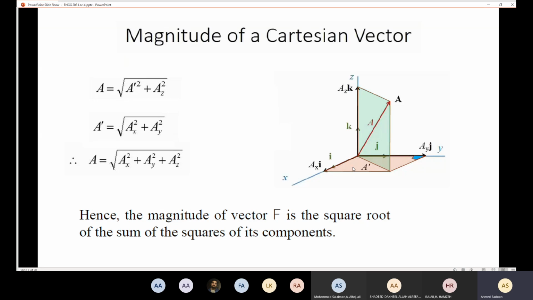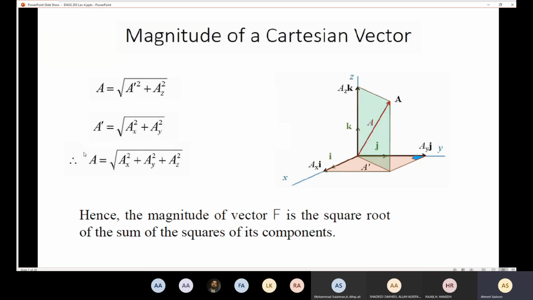Again, here I have a 2D situation. I'm going to say that A dash is going to equal the square root of AX squared plus AY squared. And then instead of putting A dash, here is A dash, the A dash squared. When you square this part, then you are going to have AX squared plus AY squared.